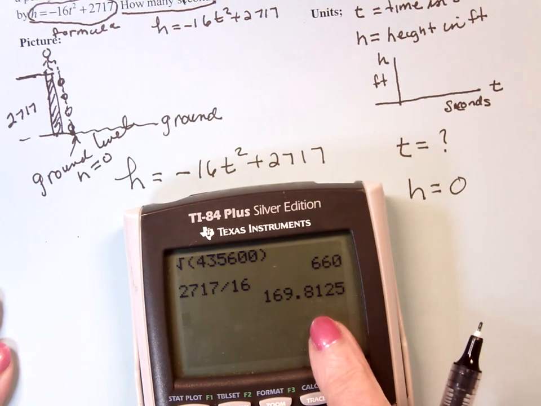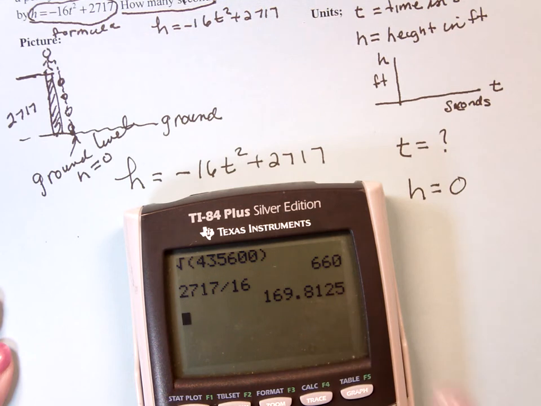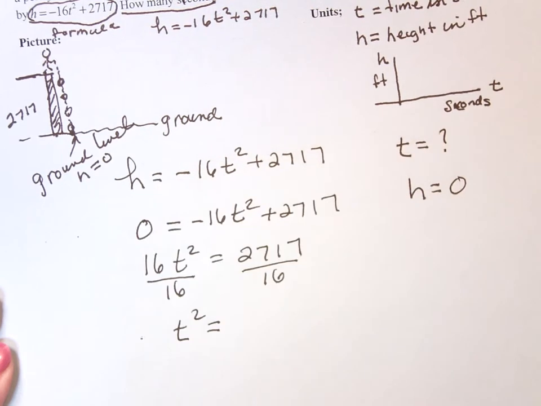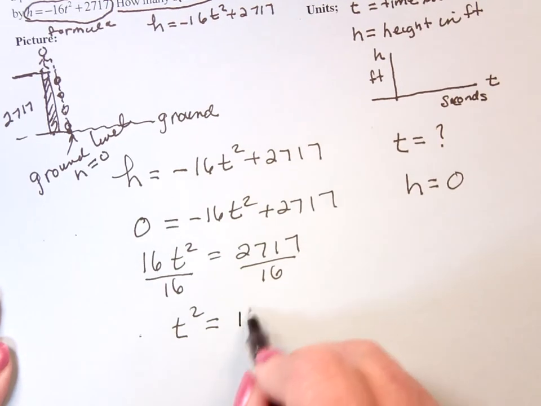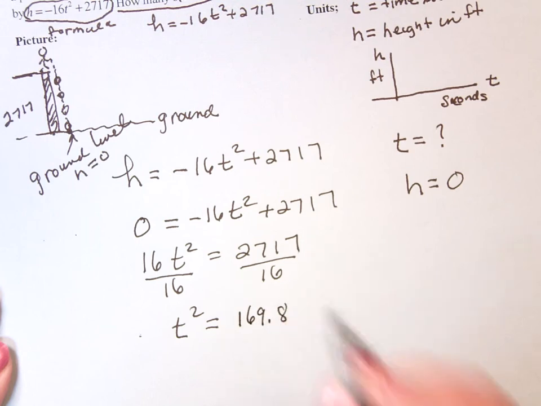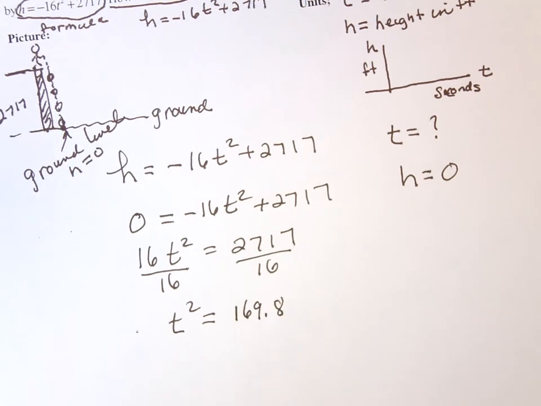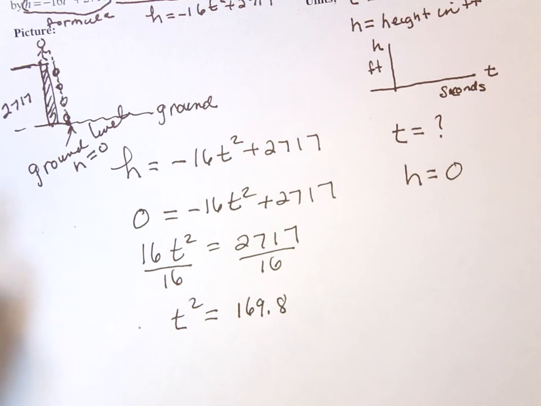You could say it's approximately 170. You could say it's approximately 169.8. It doesn't tell me how many decimal places to take it to. If I wanted real accuracy, I would take it out to 169.8125.